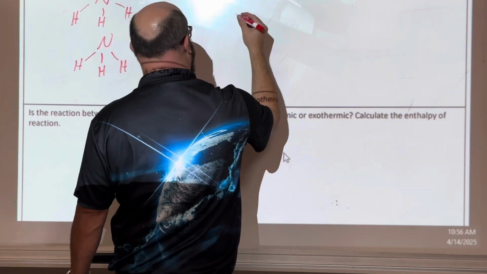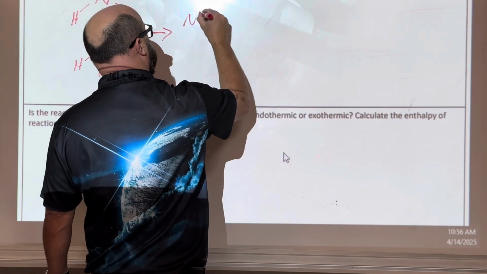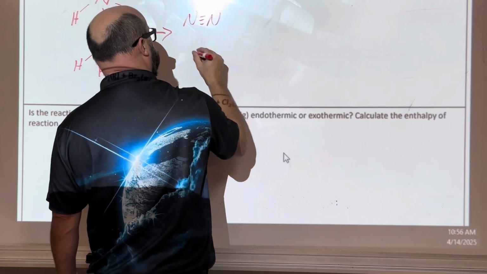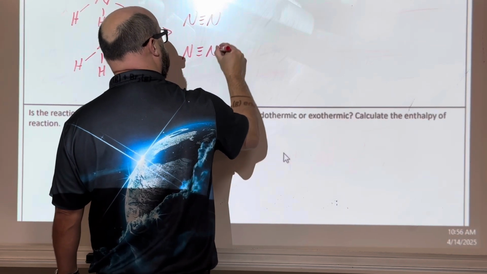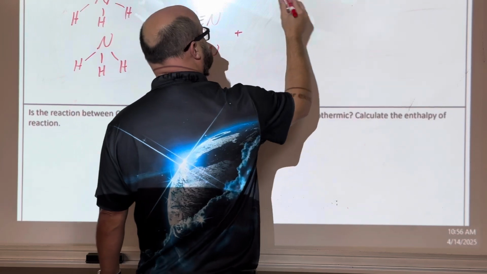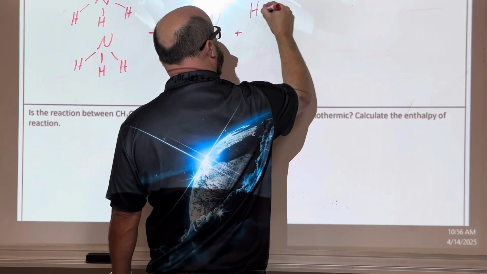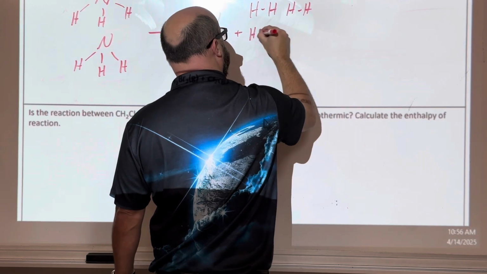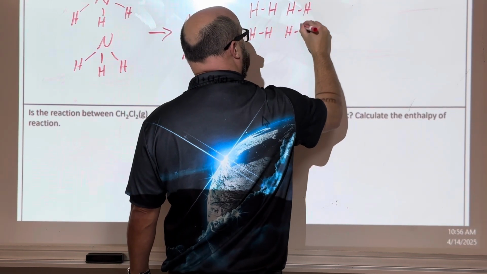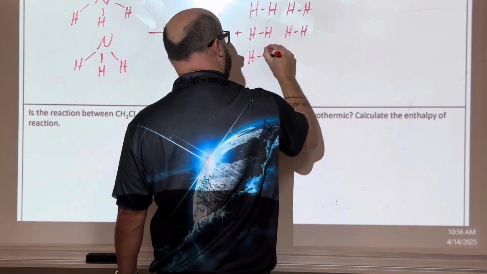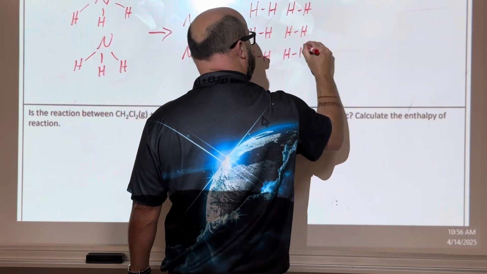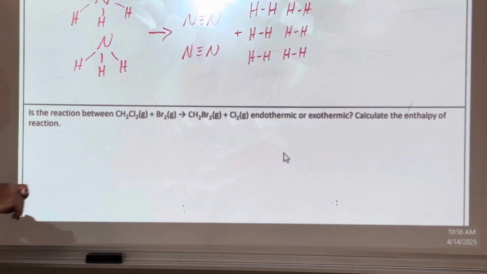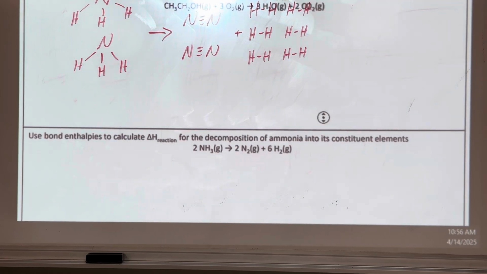And we got 2 nitrogens, so nitrogen's a triple bond to itself, plus 6 hydrogens. Now we're going to scroll back up.